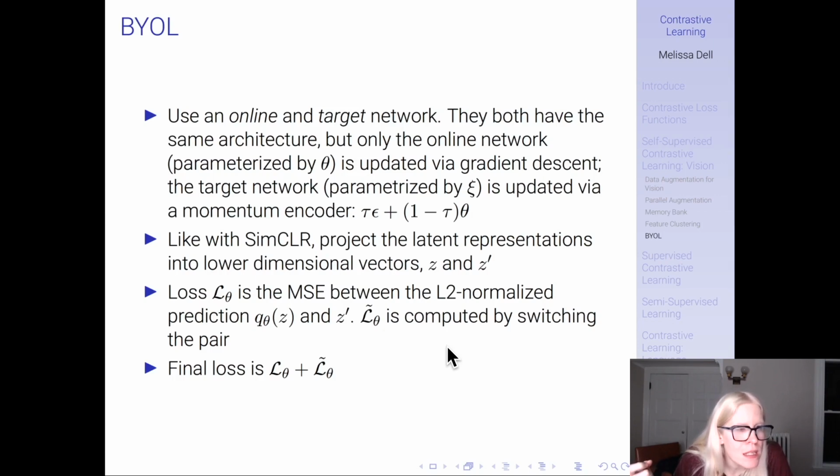And the loss is just the mean squared error between the L2 normalized prediction, q theta of z, and z prime that comes from the target encoder. And then they switch the two samples, and they compute this L tilde, and the final loss just adds them up.